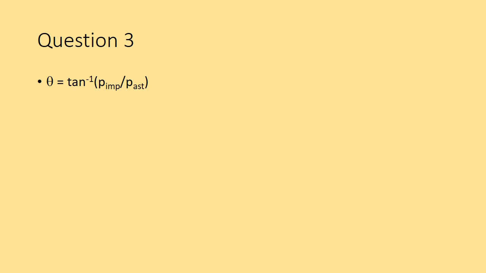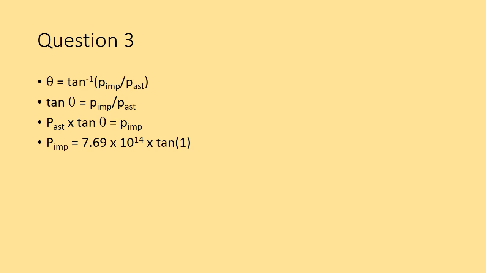Okay, so as I've just said, the angle is the inverse tan of the momentum of the impactor divided by the momentum of the asteroid. So the tan of the angle is momentum of the impactor divided by momentum of the asteroid. Rearrange this to get the momentum of the impactor that you'd need. You have the momentum of the asteroid multiplied by tan theta.